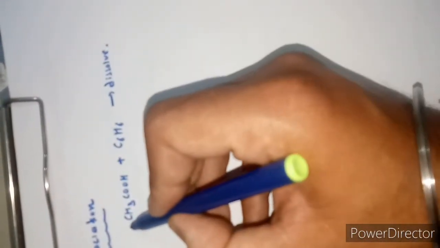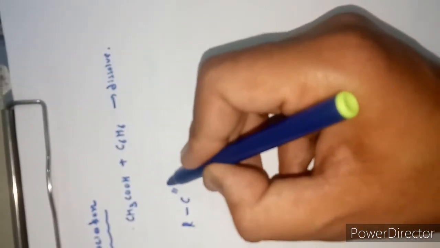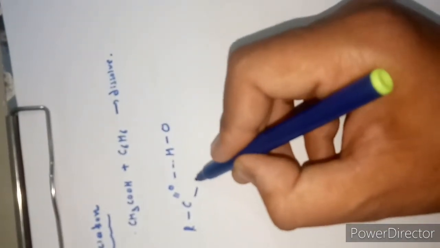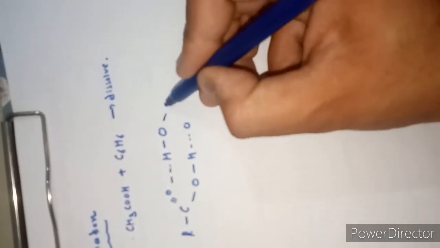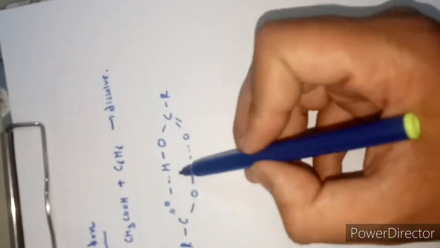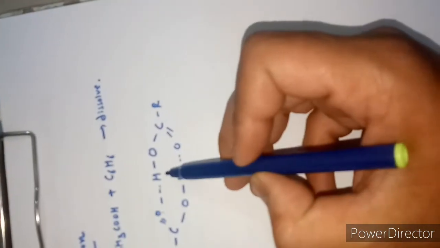So here you can see that when I take 2 moles of acetic acid, you will form 1 dimer molecule. Now what is it? The oxygen and hydrogen are combined with each other. So here they are associated. We can say these 2 molecules are associated with each other due to hydrogen bond.